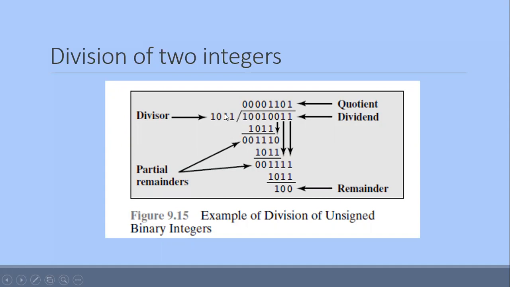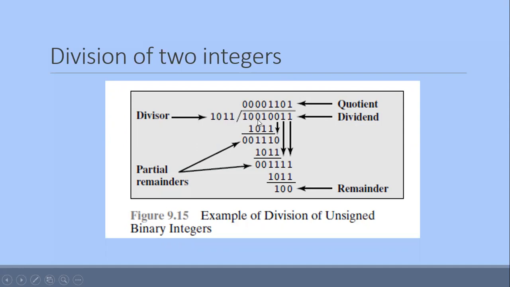One is not greater than the divisor, so we put 0, and we take the second bit. Remember, in this case we start from the left side. Then we have taken the first two bits. Now check whether this number is greater than the divisor. No, so again you have to put 0.